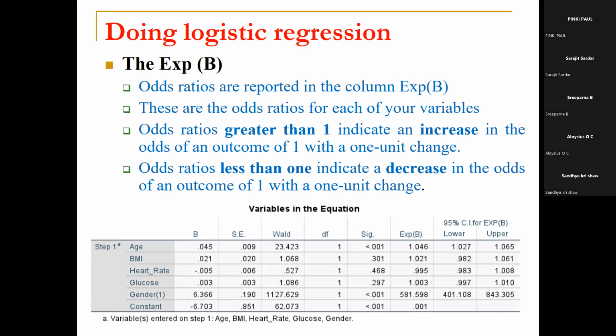An odds ratio less than 1 indicates a decrease in the odds of an outcome of 1 with a one unit change in the independent variable. If the odds ratio is 1, it means there is no impact or no difference between the groups. That means male and female both have the same chance of getting heart disease if it is 1.